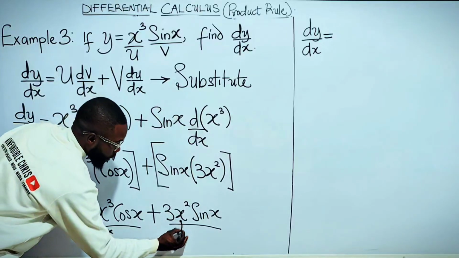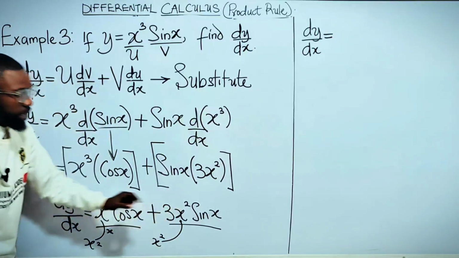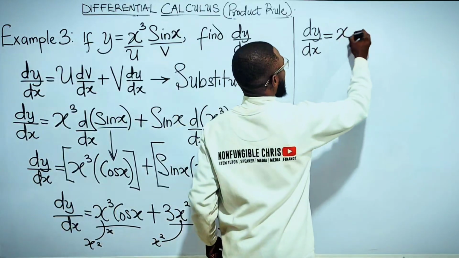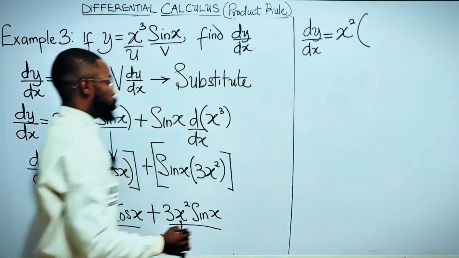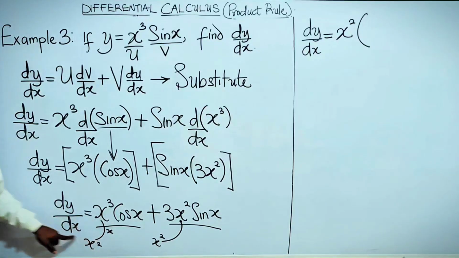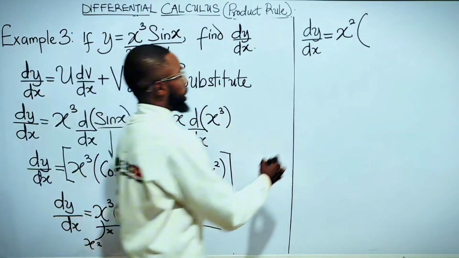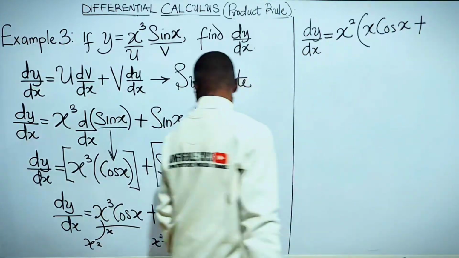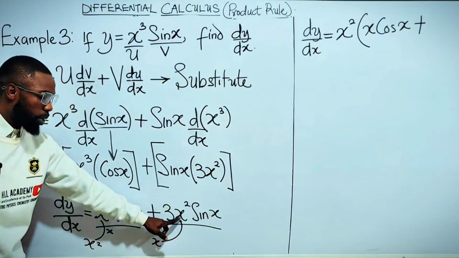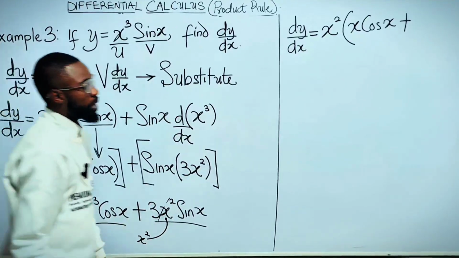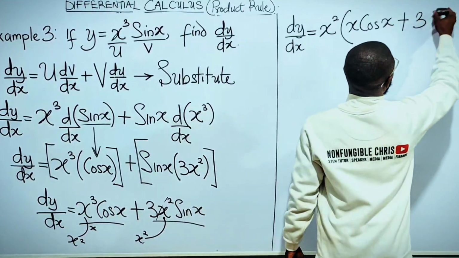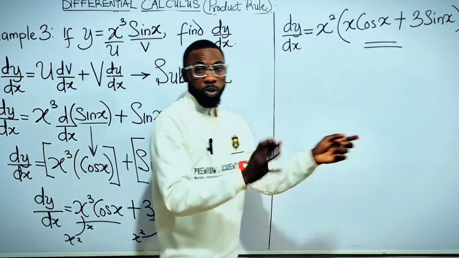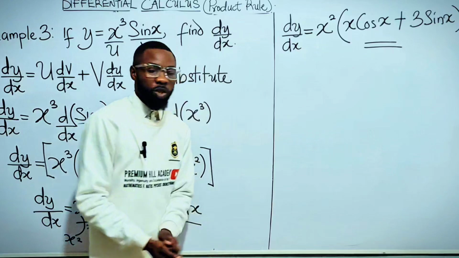And if I take this x squared out of here, I won't have anything left here. So by bringing x squared out, we'll be left with x cos x, plus, now I take x squared from here, I won't have anything here anymore, so it's just going to be 3 sine x. Simple answer. That's all. Not touching anything else, looking at this question.